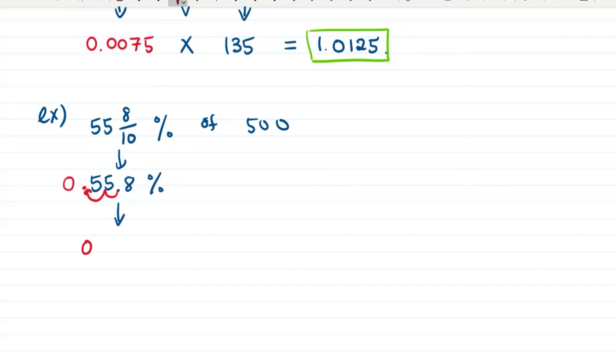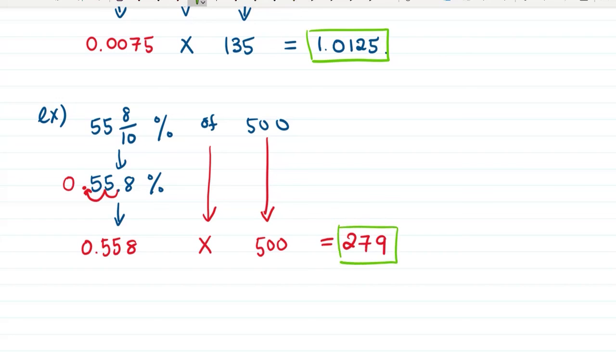So the decimal value of this percent is 0.558. Okay, let me correct this, 0.558. And multiplication, 500. So 0.558 times 500 is 279. And that's our answer.